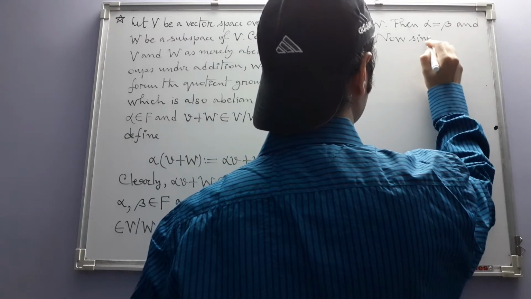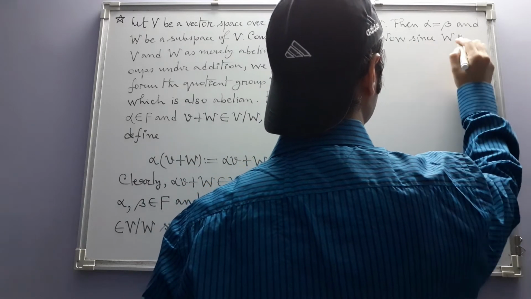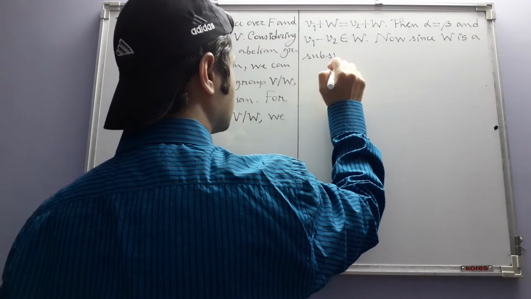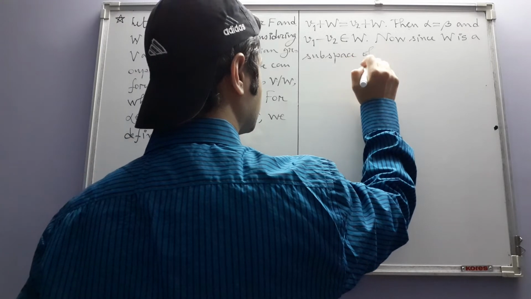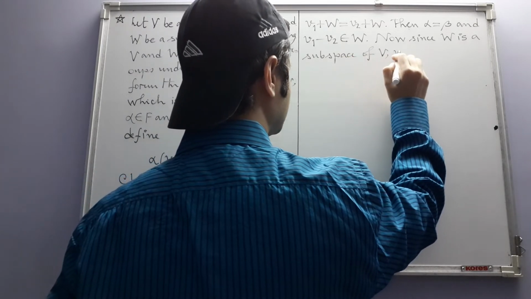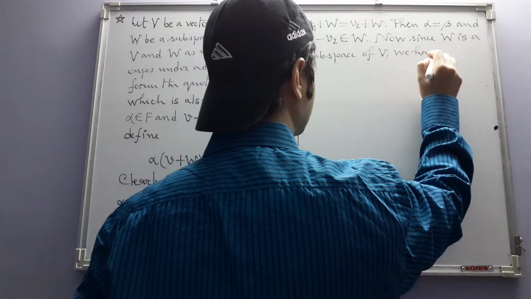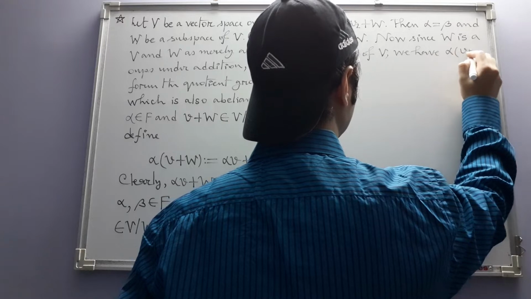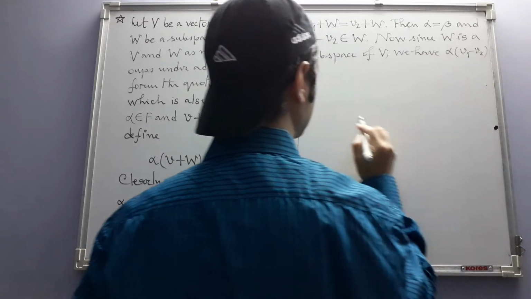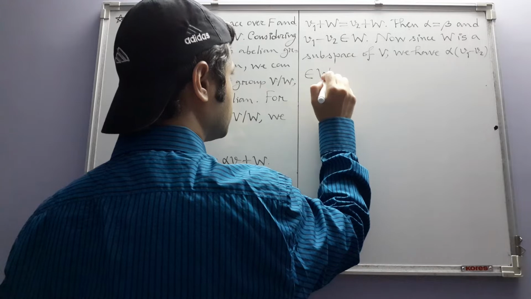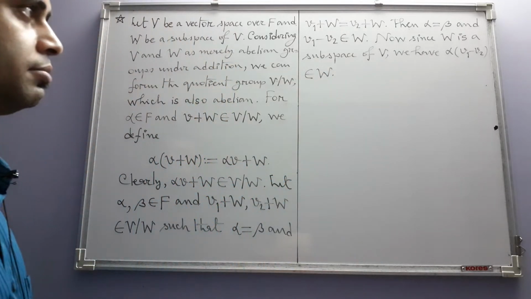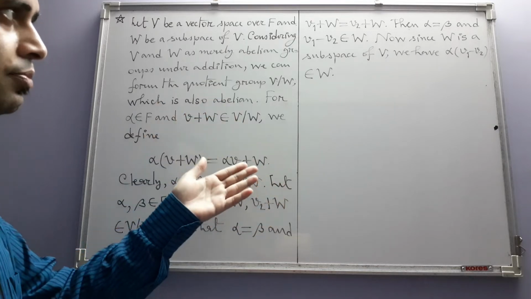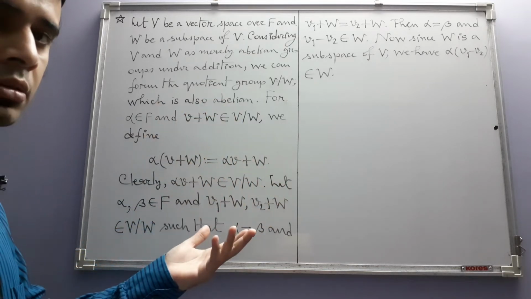Since W is a subspace of V, we have alpha times (v1 minus v2) belonging to W, because v1 minus v2 is in W. So if you multiply that by the scalar alpha, that product will also be in W.